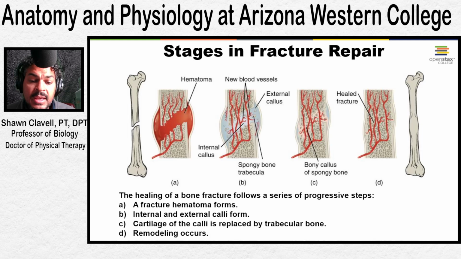And then finally, the last stage of fracture repair is remodeling, and remodeling recurs throughout our lifetimes. It starts during the bony callus formation, and it'll continue on for several months. The final structure of the remodeled area resembles the original bone that was unbroken, and so you can see here the list of the stages of fracture repair.